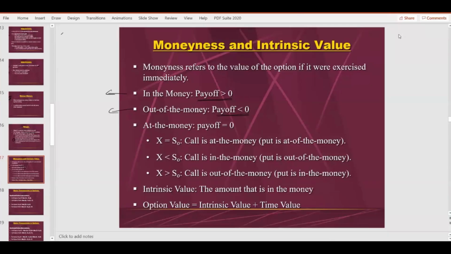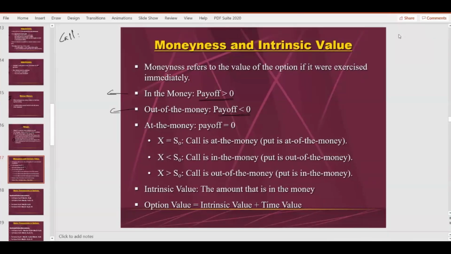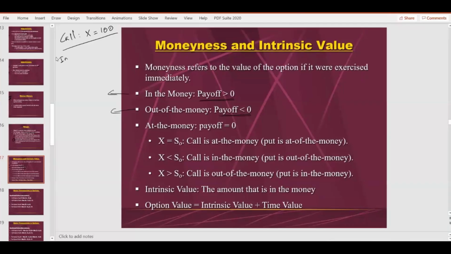Let's assume that we have a call where the strike price X is equal to 100. An example of an in the money option is when the current price, PT or ST, is, let's say, equal to 107.25.